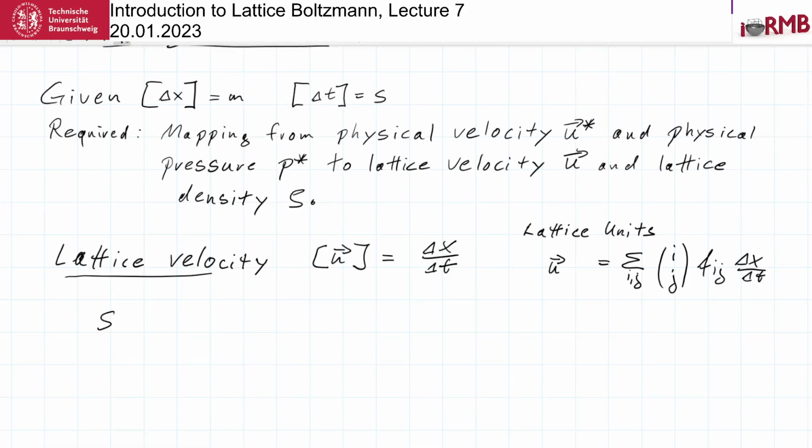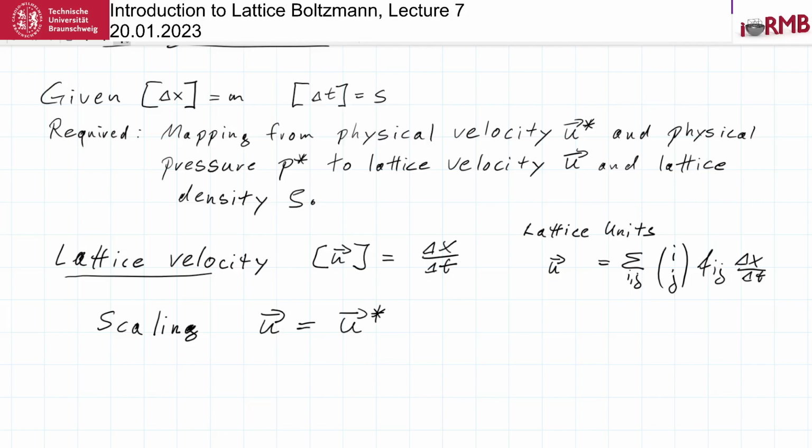So now we have to do our scaling, because we get our real-world problem. We want to have our velocity u, and we get this from u asterisk. They are supposed to be the same, given in different units.